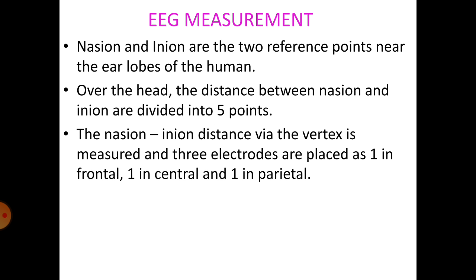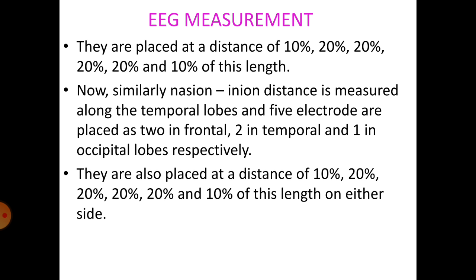Over the head, the distance between nasion and inion is divided into 5 points. The nasion-inion distance via the vertex is measured and 3 electrodes are placed, one in frontal, one in central and one in parietal. These electrodes are placed at distances of 10%, 20%, 20%, 20%, 20% and 10% of this length.